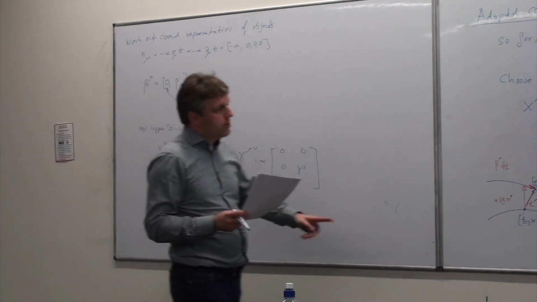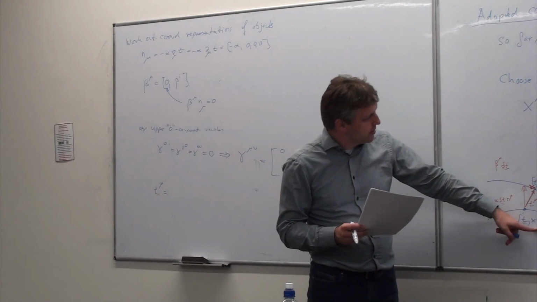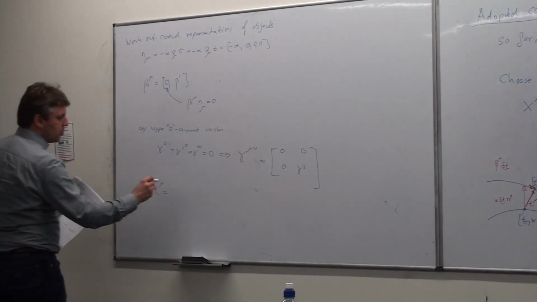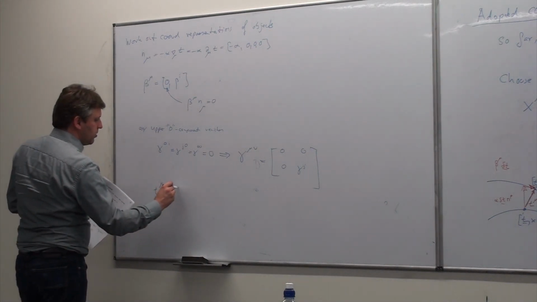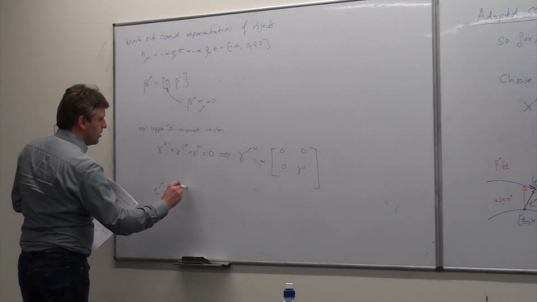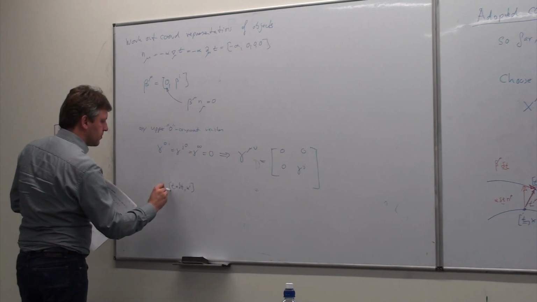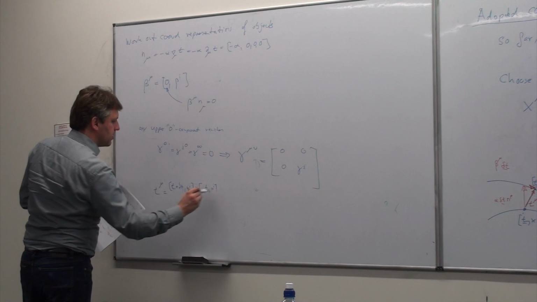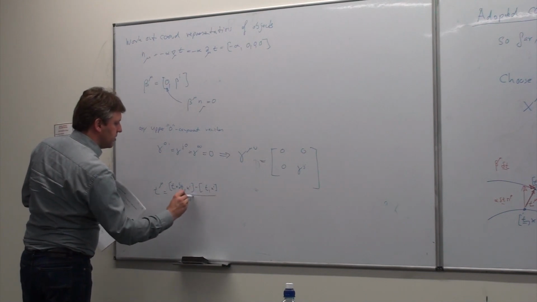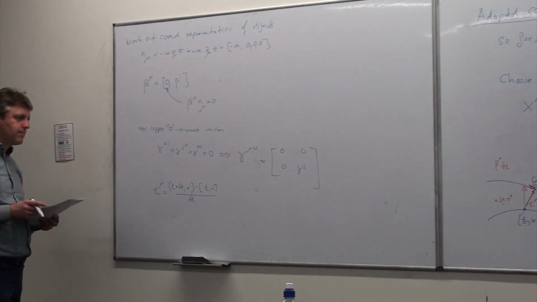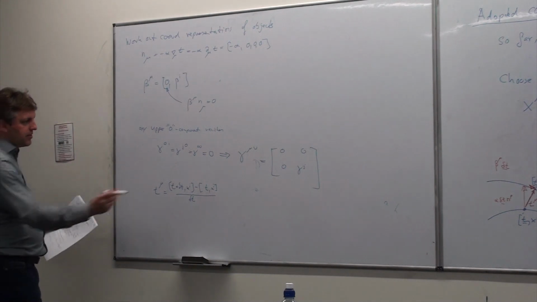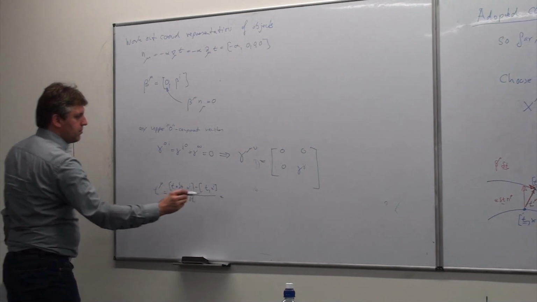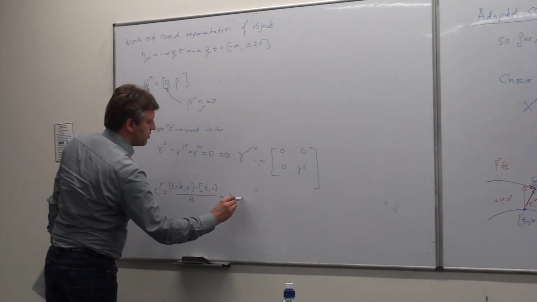It is the vector pointing from the point t, xi to the point t plus delta t, xi. So I can write this as t plus delta t, xi minus t, xi divided by delta t. And the xi's just cancel each other.